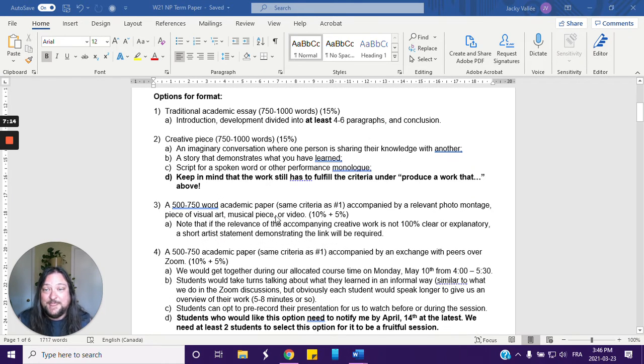All right. Now, option 3 is where you can mix things up a little bit. If you want to get some practice writing an academic paper, you'd write one, but it would be shorter.